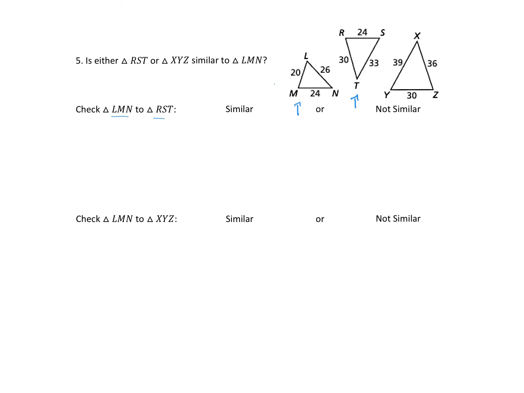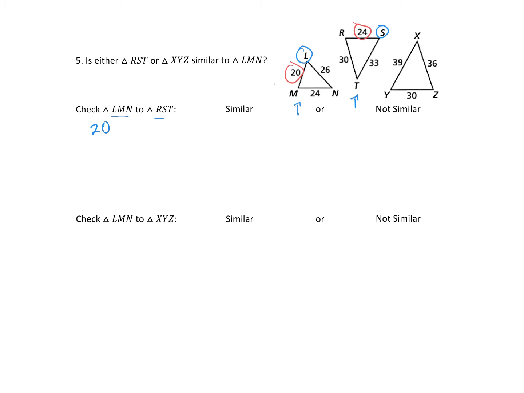So if I had to pair up, I think angle L matches with angle S. So my first numbers, because the smallest one is 20, I'm going to do 20 and 24.